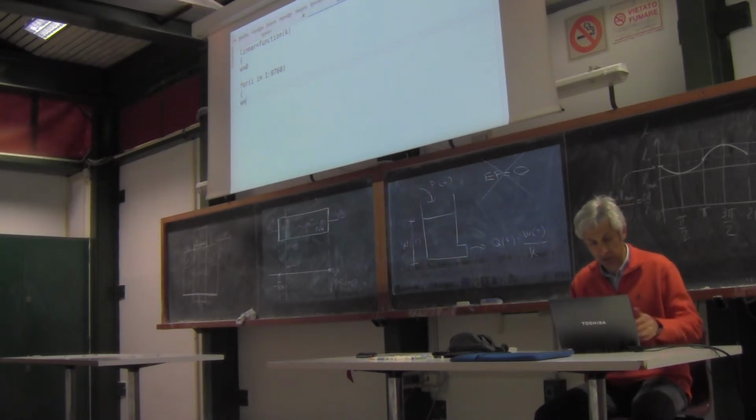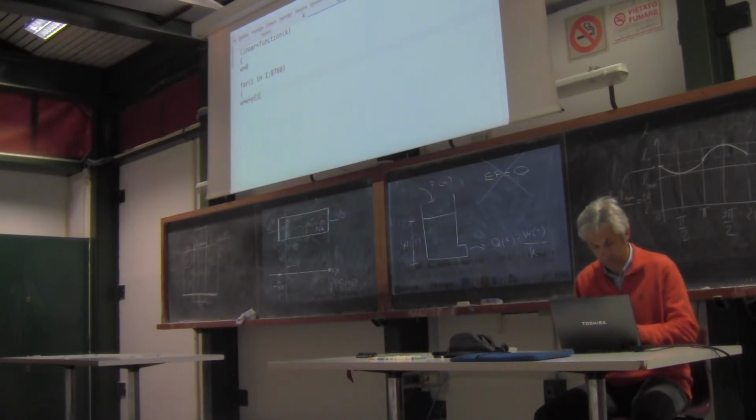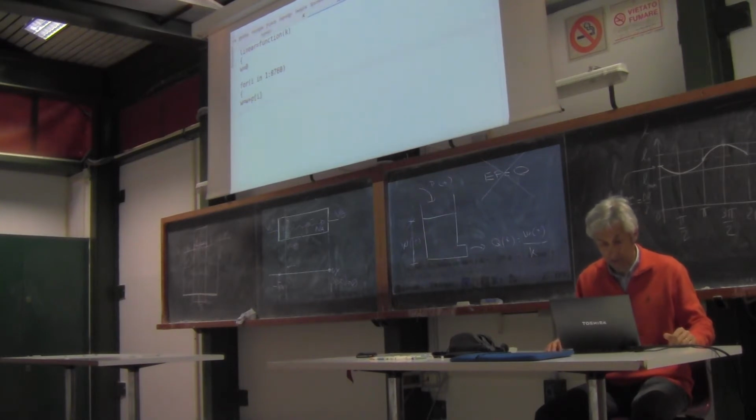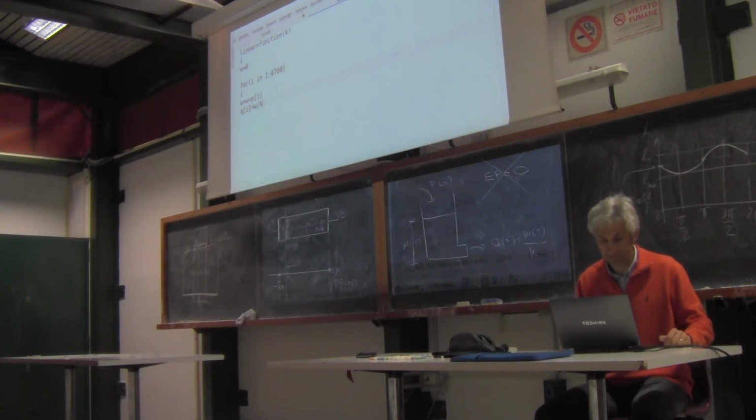So W is equal to W plus P. But be careful, it's Pi. Now we have to write Qi is equal to W divided by K. And now we have to take units into account.